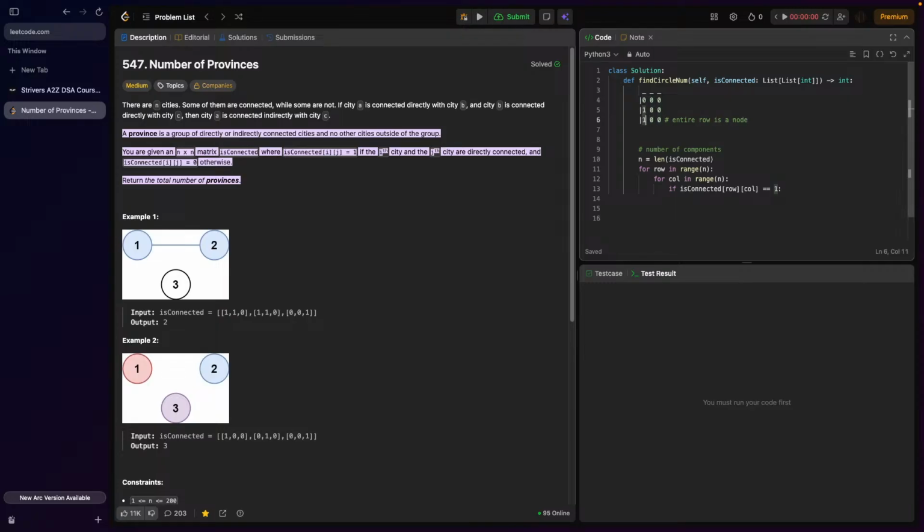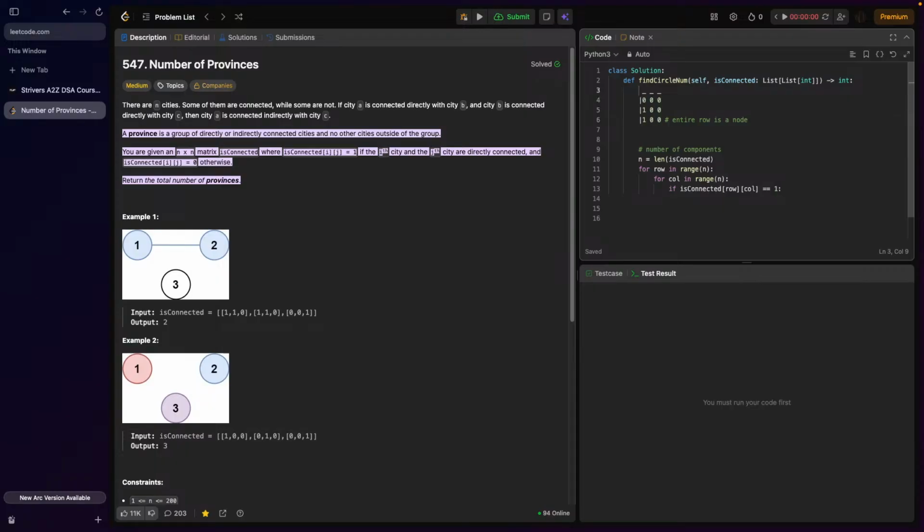Let's say I wanted to DFS from this part. How do I traverse? If you think about it, I am right now at 2, 0, and I know this is true. So what I need to do is find everything that's connected to row 2.